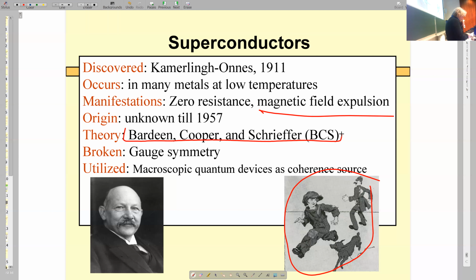Perhaps the most important property of superconductivity is actually utilized in many devices. I guess the most important modern utilization is superconducting qubits. This is also a case of broken symmetry.